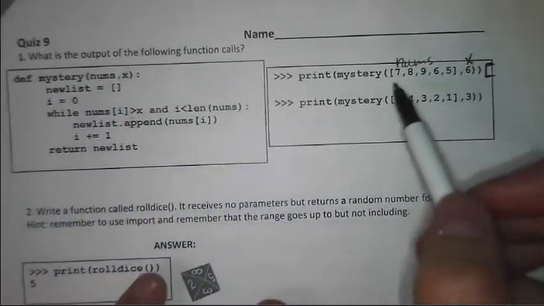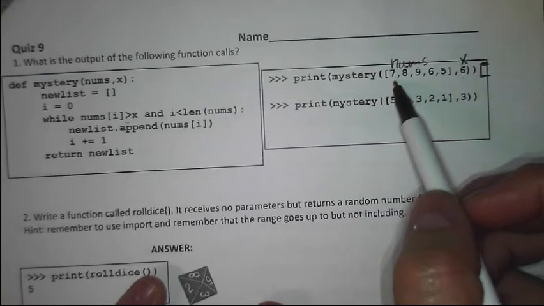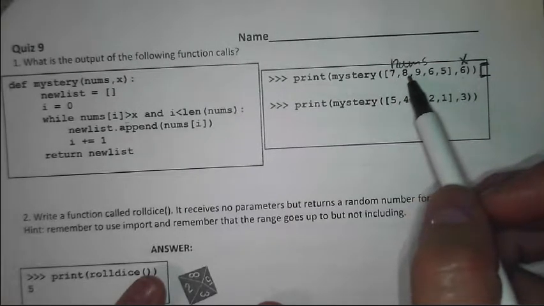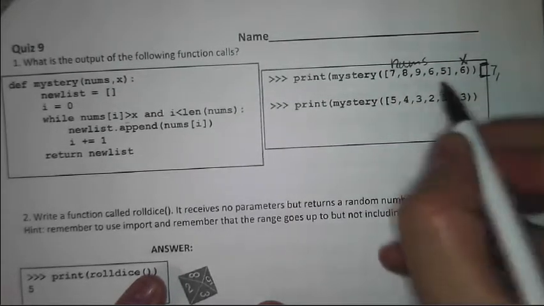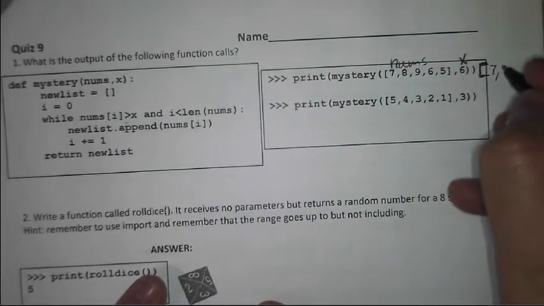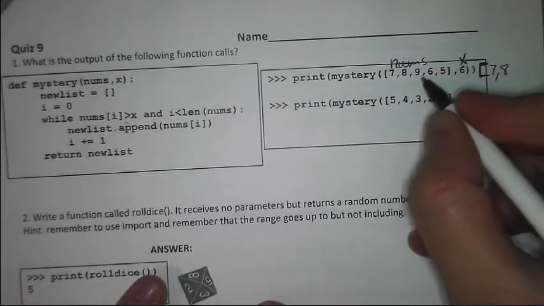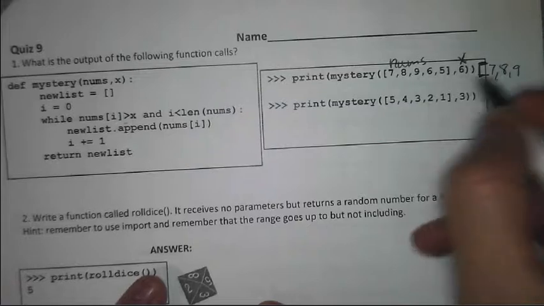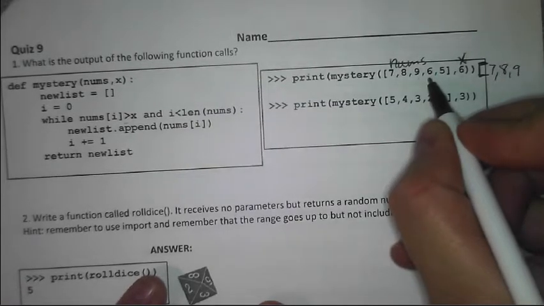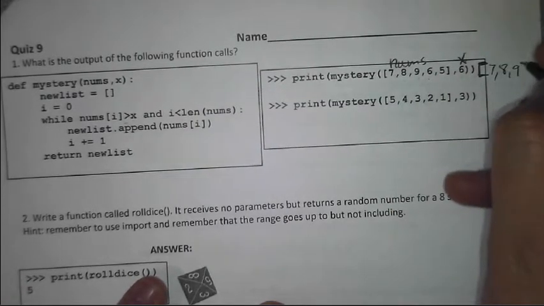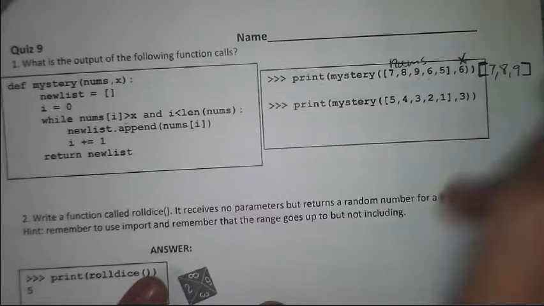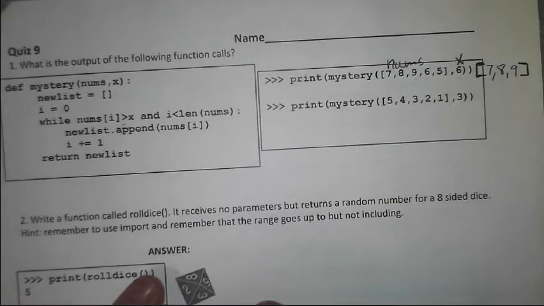So we look through here. 7's greater than 6. Good. So we'll add that. 8 is greater than 6. We add that. 9 is greater than 6. We add that. 6 is not greater than 6. So the while loop ends and we return this list.